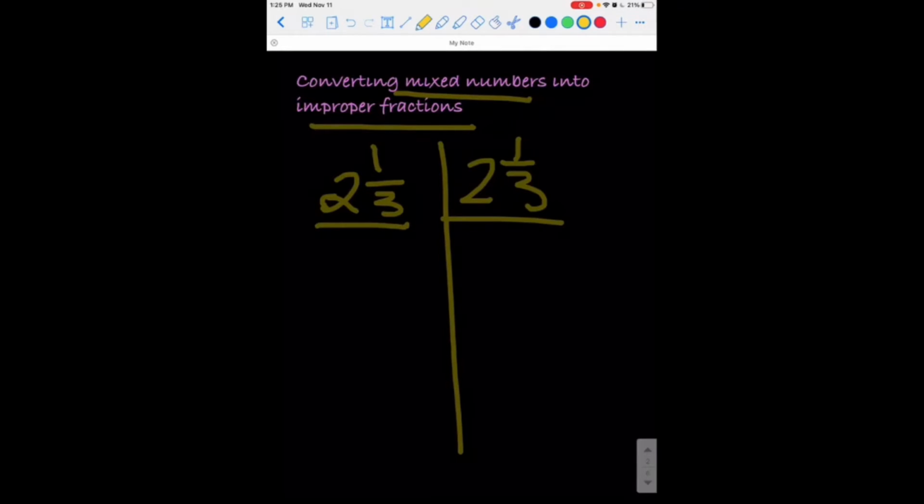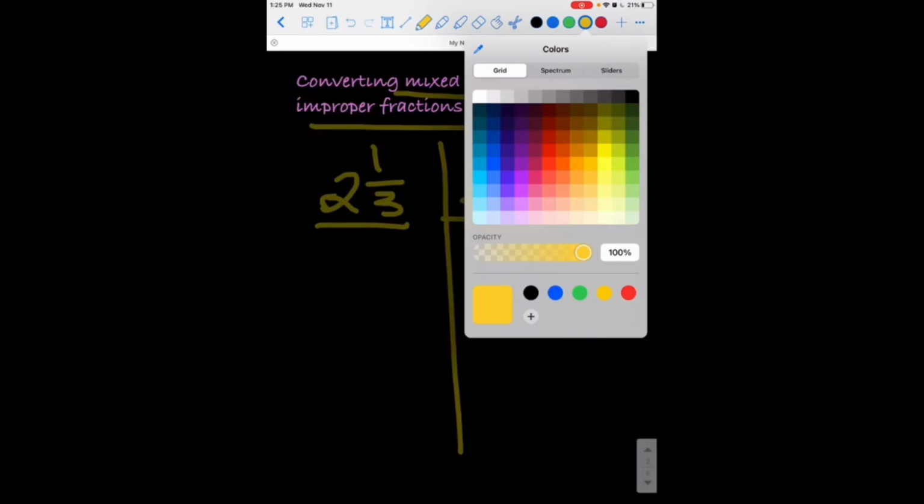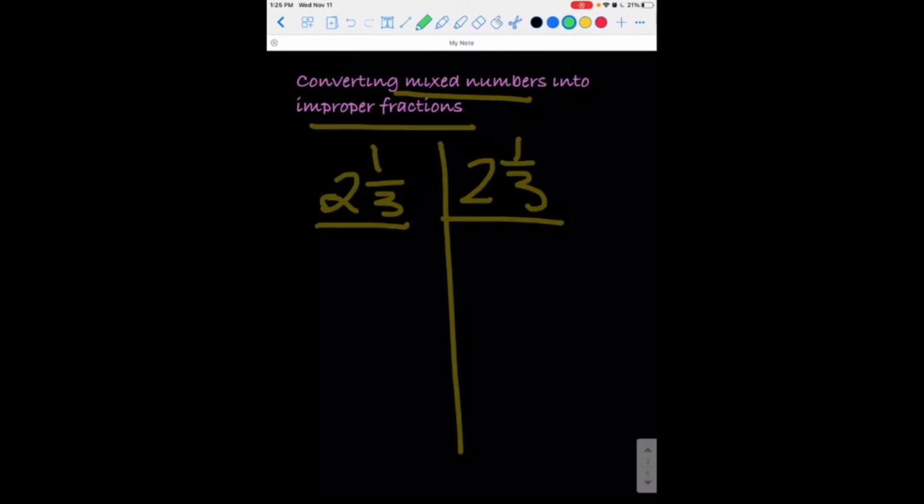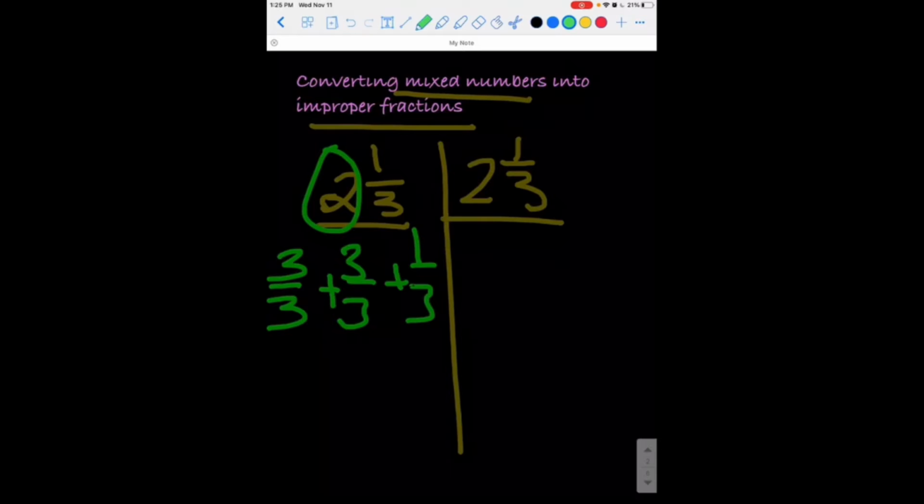There are two ways you can do this. The first way: how many full 3/3s are there? Because 3/3 is technically 1. You have that, and you have another 3/3, because there are 2, and then plus 1/3.